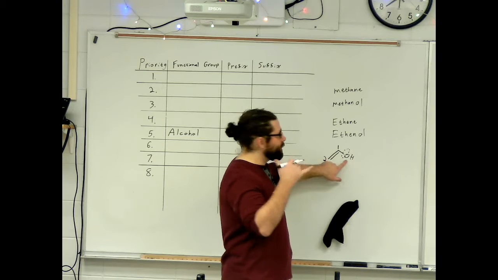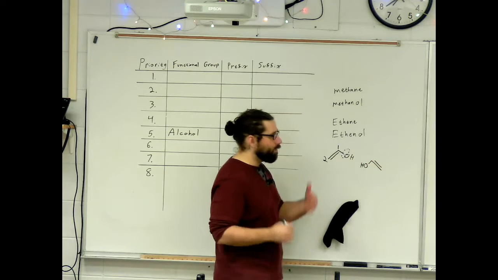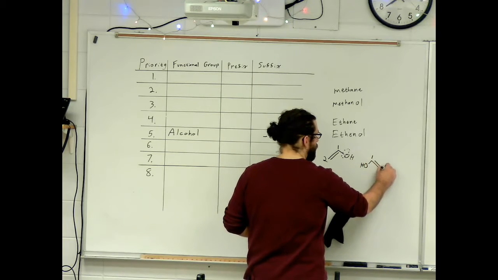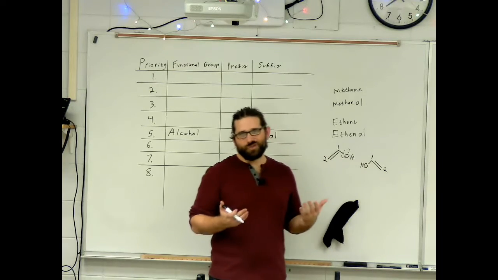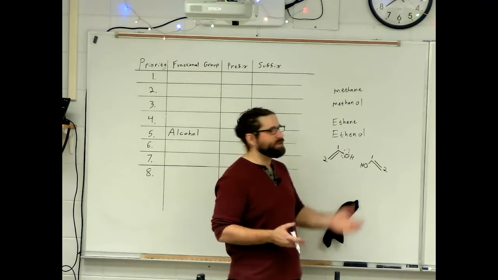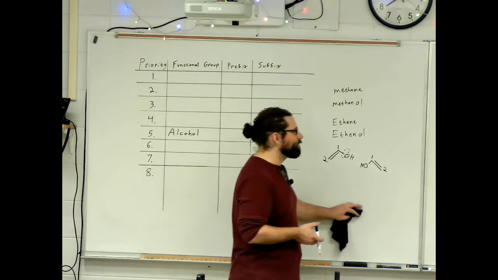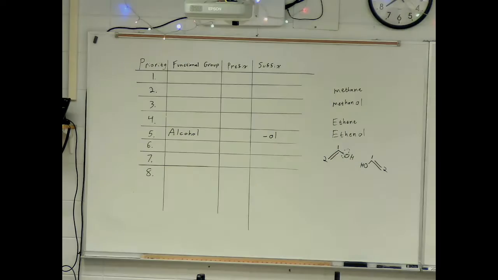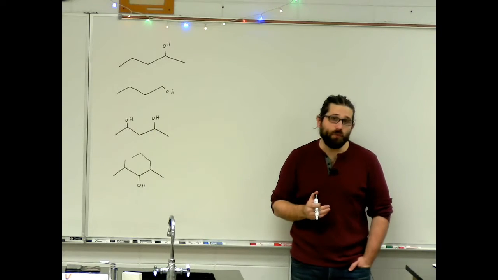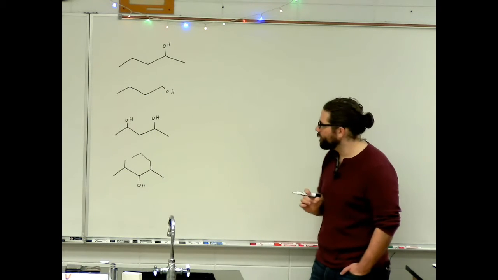If I flip this molecule around, it would look like this, and I would still call it the same thing. 1 and 2, it would be ethan-1-ol. So I can really just say ethanol because there's no other option. But if we look at some more complex versions of this, it'll change slightly. Here we have 4 compounds that all have that OH subgroup on them.